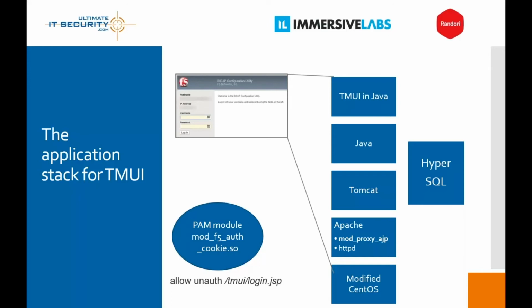So next thing in the stack is Java, and then you have the actual TMUI application, mostly written in Java, but it's kind of a kludge of other stuff too, right? Perl scripts and something else? Yeah, there's a lot of different tech stack in there underlying.